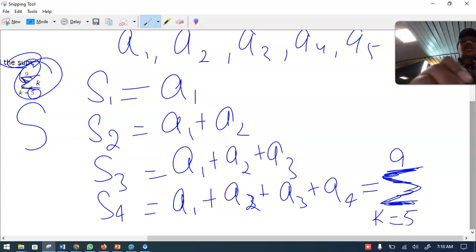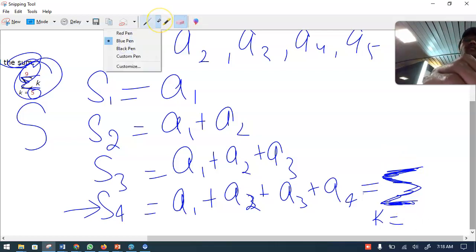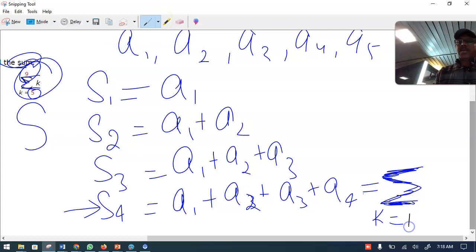Suppose I want to write only S_4, then I would write the summation with k from 1 to 4.